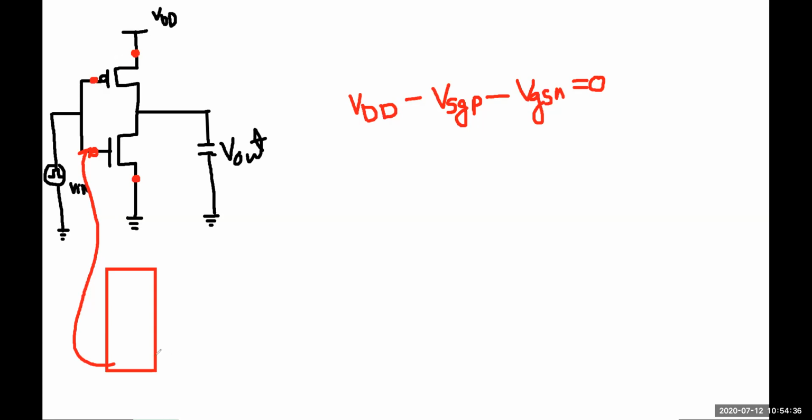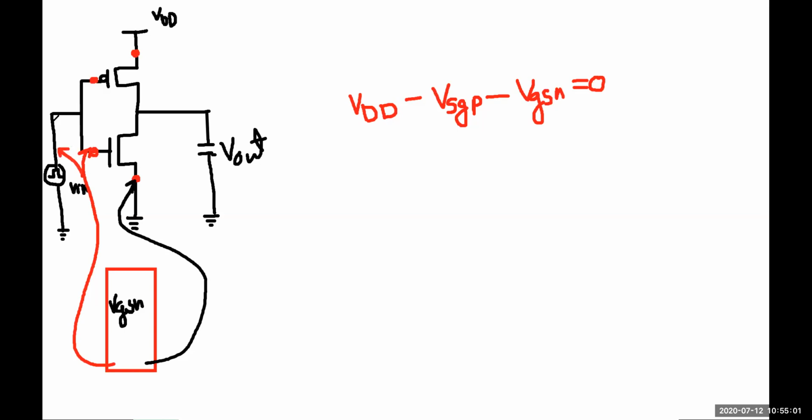Take the black pin, place it here. So we want to measure the VGSN. Putting the red pin here or here is the same thing, right?